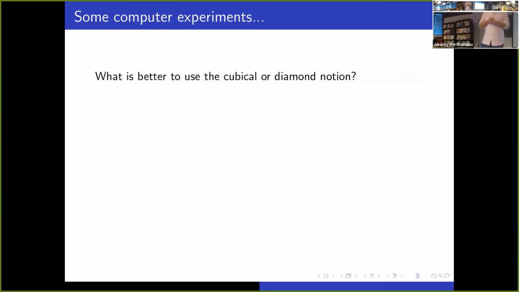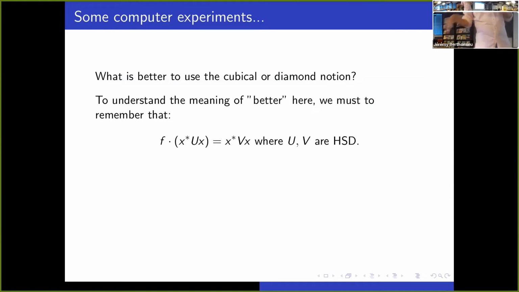So the question is, what is better to use, the cubical degree or the diamond degree notion? To understand the meaning of better here, we must remember that f times G equal to h, when G and h are Hermitian sum of squares, can be translated to f times x star U x equal to x star B x, where U and B are Hermitian semi-definite matrices.